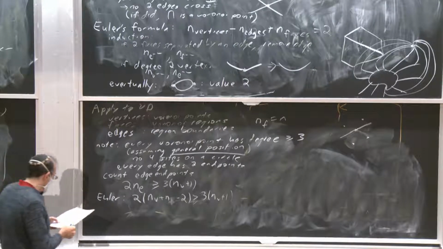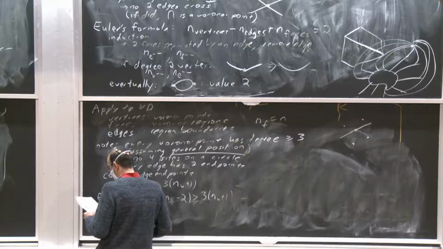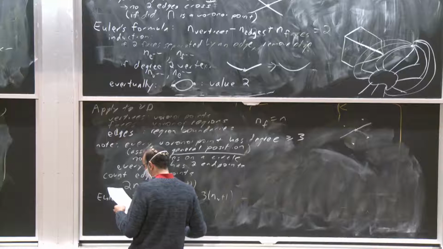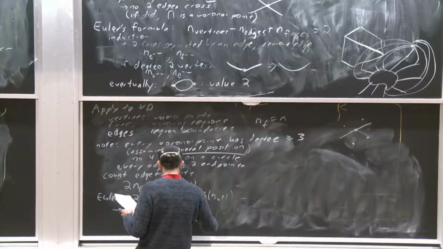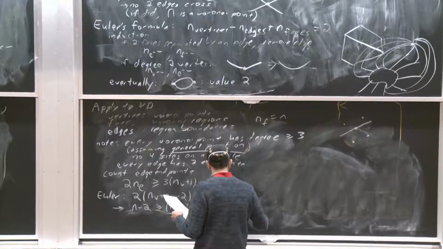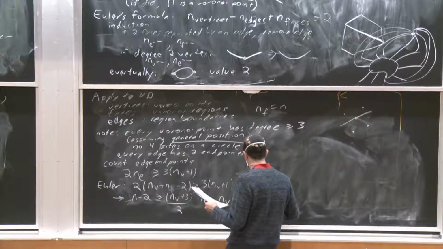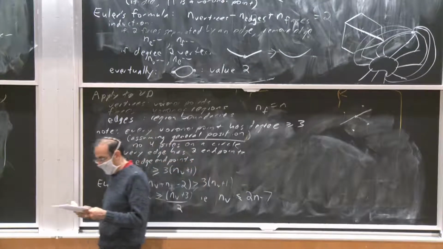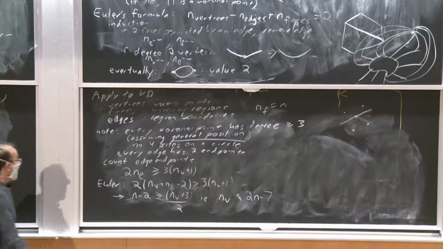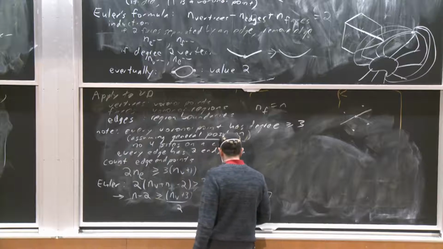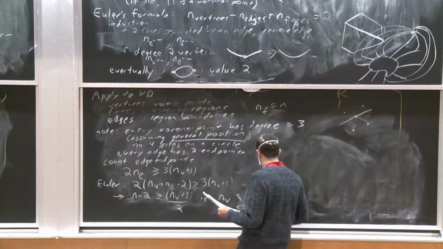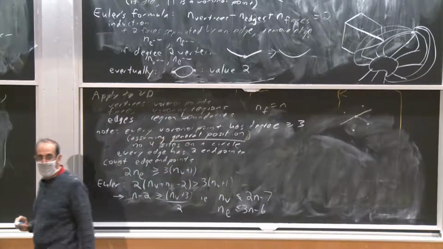And if I solve for that, I find out that n minus 2 is at least n_v plus 3 over 2, or in other words, the number of Voronoi points is at most twice the number of sites. And once you plug that into Euler's formula, you find out that the number of edges is at most 3 times the number of sites.